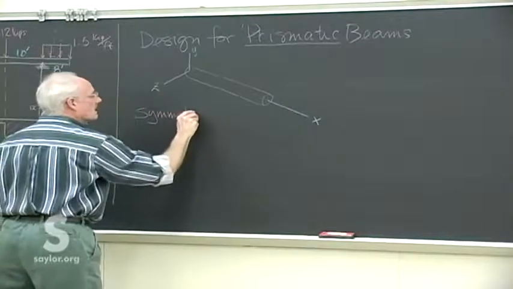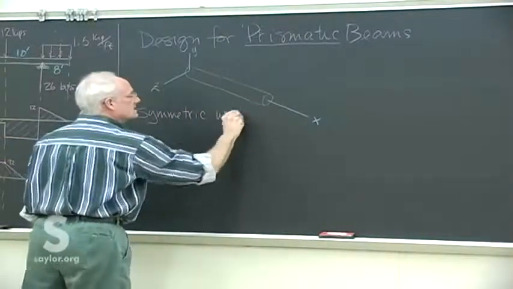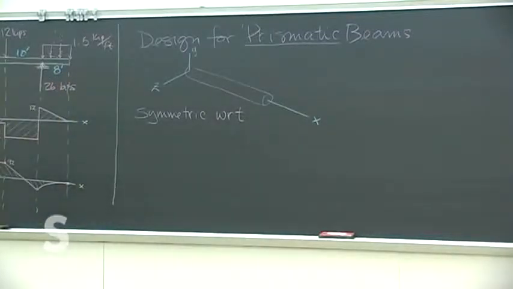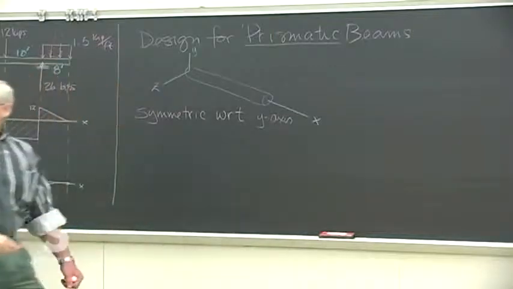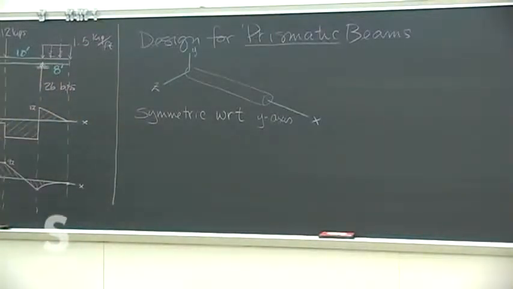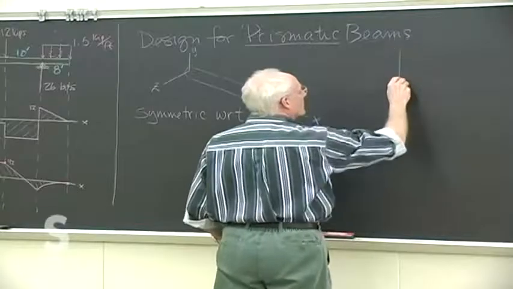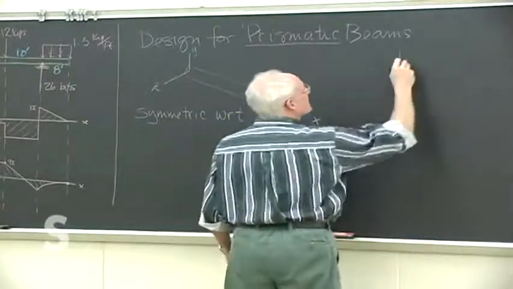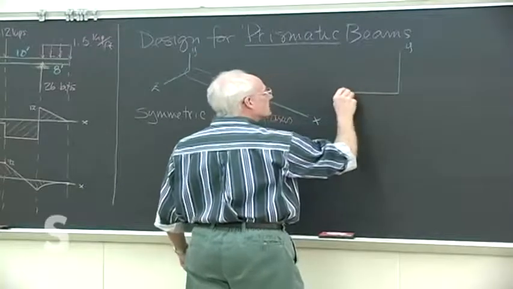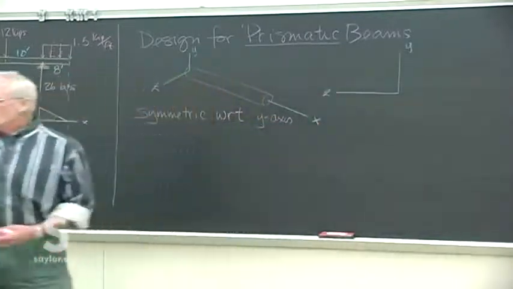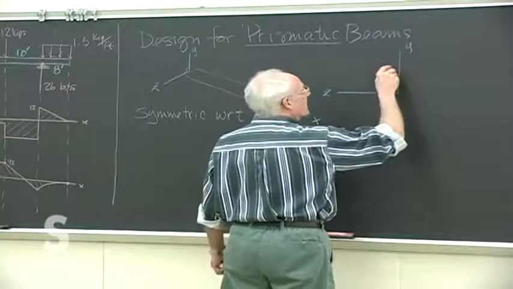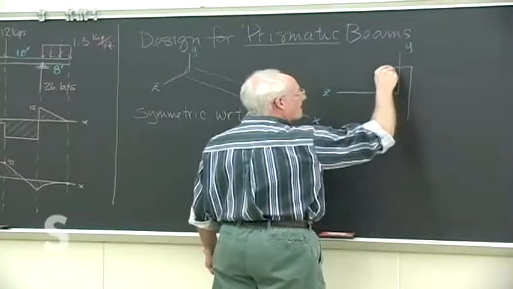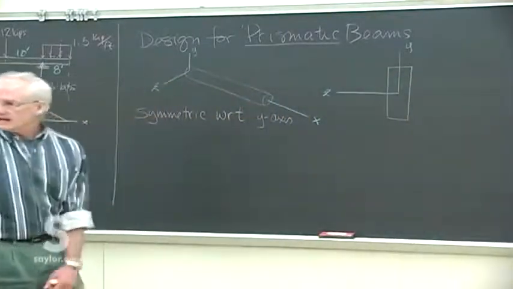symmetric with respect to, that's what WRT is, symmetric with respect to the y-axis. So if we look right at the cross-section, look down the x-axis, there's our y-axis going up, our z-axis coming out. We're going to look at any beam that is symmetric about the y-axis. So any rectangular beam would certainly satisfy that.